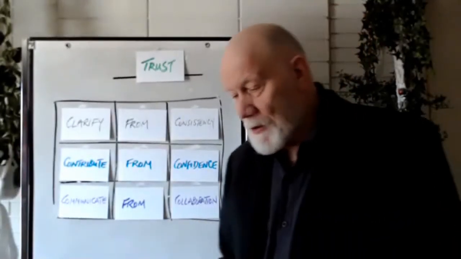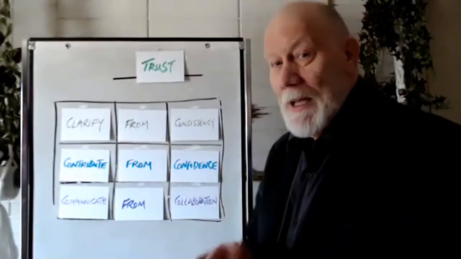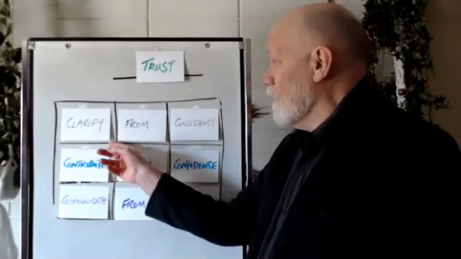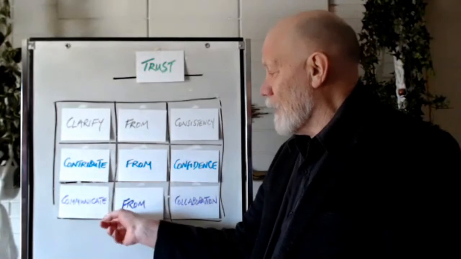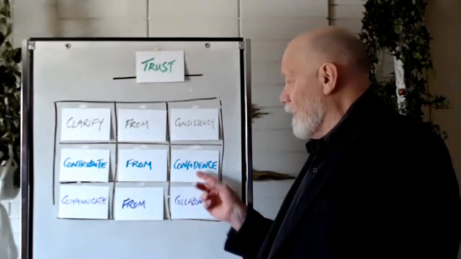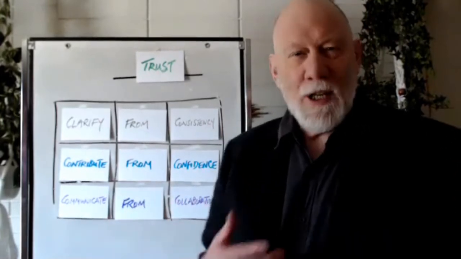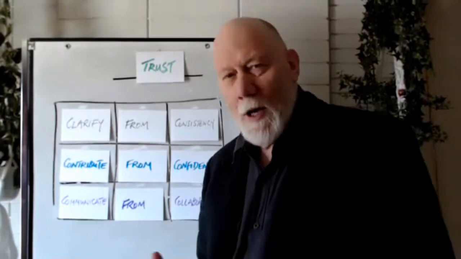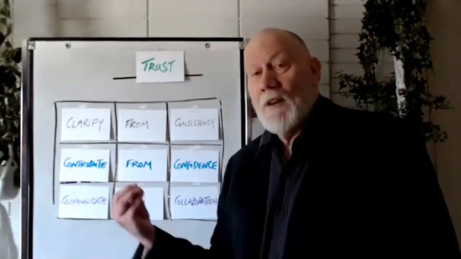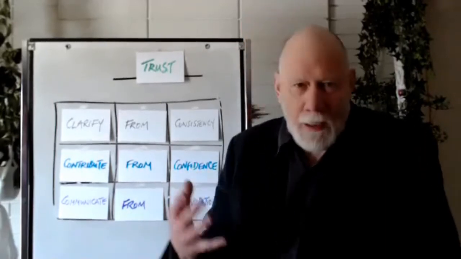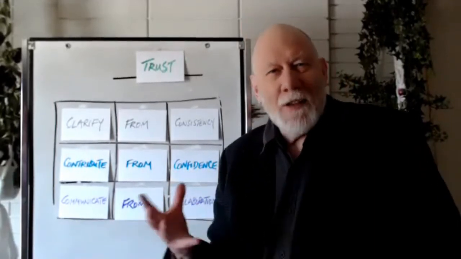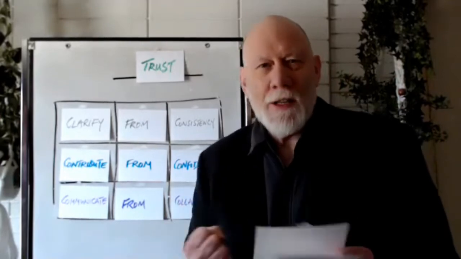Now, what becomes interesting here, and again you can play with this, is that you can move these around and put clarify where contribute is, and contribute where communicate is, or you can switch them out, and different combinations and different storylines will pop out for you. I've found that some are stronger than others. Others, okay, they get me thinking, but others have this strength to them.